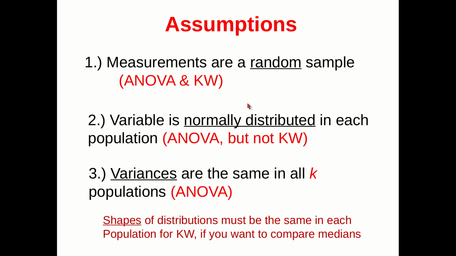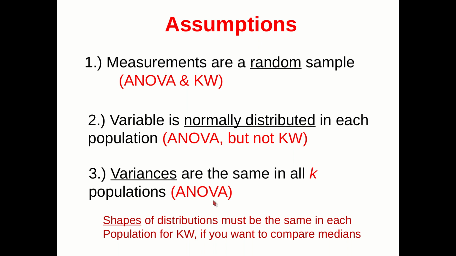Although this assumption has to be severely violated, because ANOVAs and t-tests are robust to this deviation. By the way, Kruskal-Wallis is really just an extension of the Mann-Whitney U-test that we've seen as a non-parametric option for the two-sample t-test. The most important is that the variances are the same in all k populations.